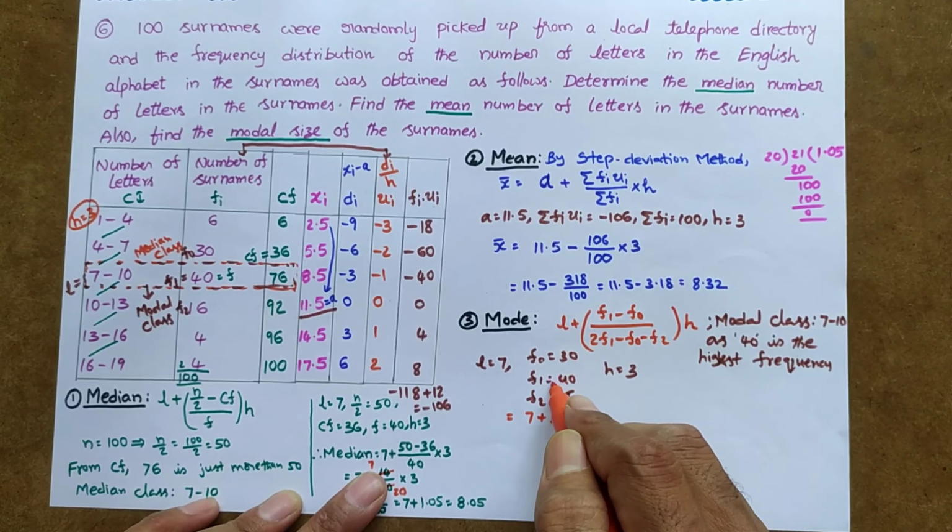So 7 as it is, and 40 minus 30 is 10, by 80 minus 36 is 44, into 3. Now let us cancel 10 and 44 with 2 table. So 2 5s are and 2 22s are, right? Now we have 7 plus 5 3s are 15 by 22.